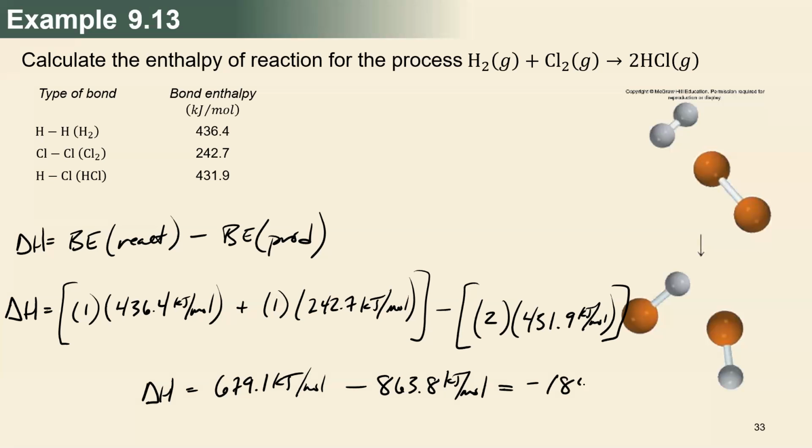I got negative 184.7 kilojoules per mole. Hopefully you got something similar. Okay.